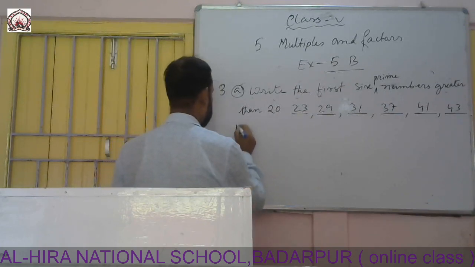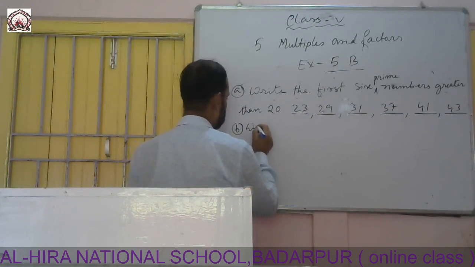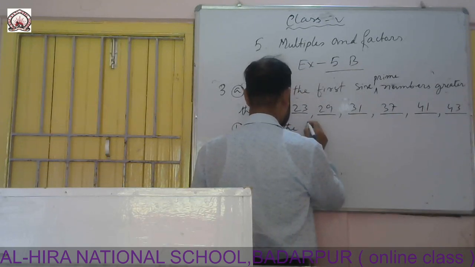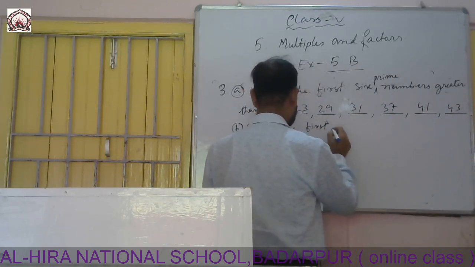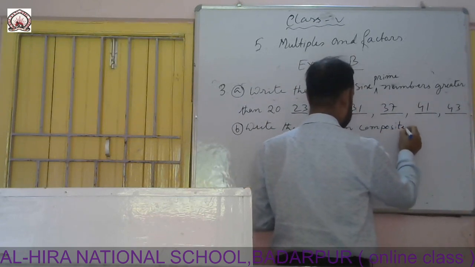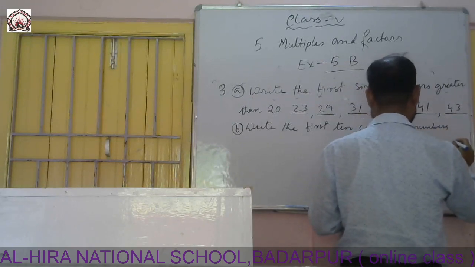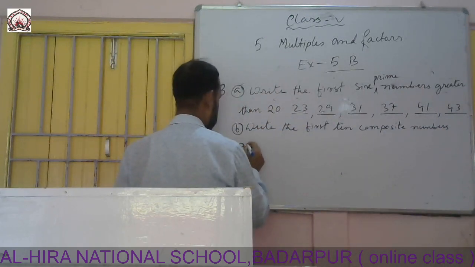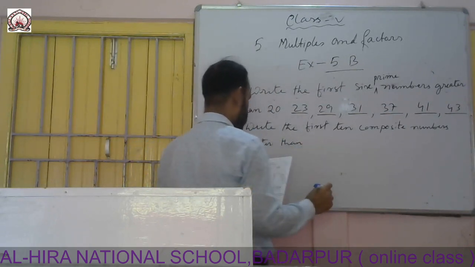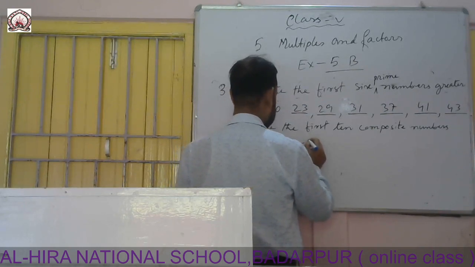Next, question number B. Write the first 10 composite numbers greater than 31.